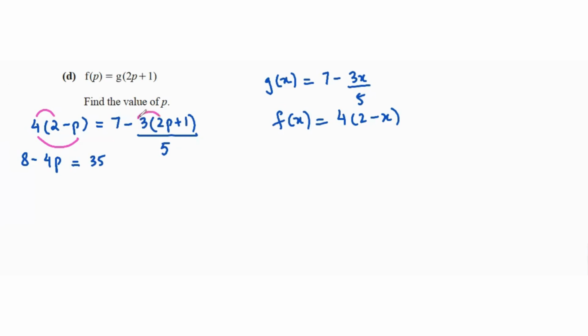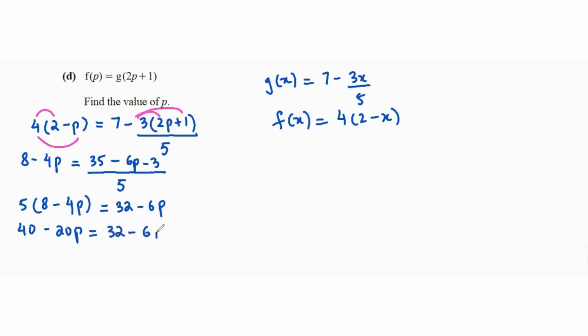So that's going to give us negative 6p minus 3 over 5. Now cross multiply 5 with 8 minus 4p to get rid of the fraction. So 5 times 8 minus 4p equals 35 minus 3, which is 32 minus 6p. That's going to be 40 minus 20p.